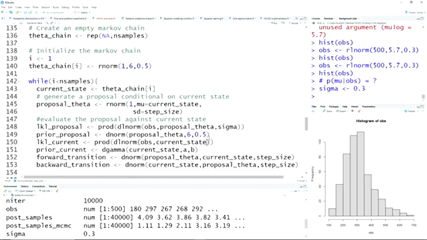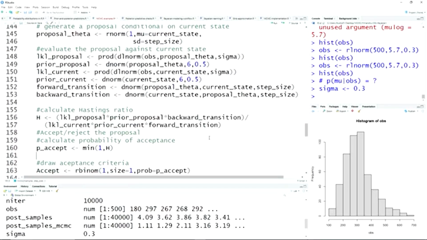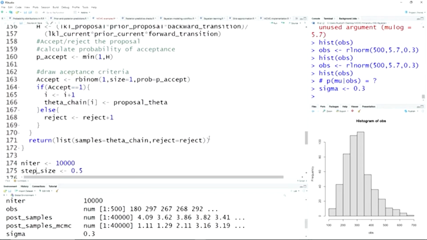So this current state is the mean mu parameter, and the sigma parameter is sigma. Okay. And here rather than dgamma, again dnorm. So current state, mean 6, SD 0.5. And then forward transition, backward transition will remain the same. You calculate Hastings ratio, probability of acceptance, the rest everything will remain the same. Okay.